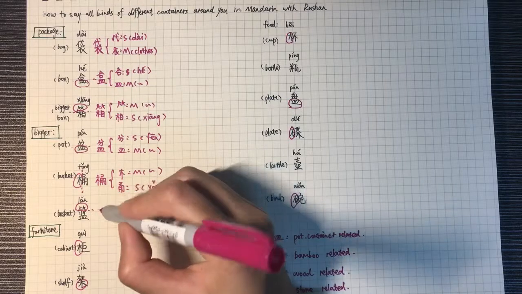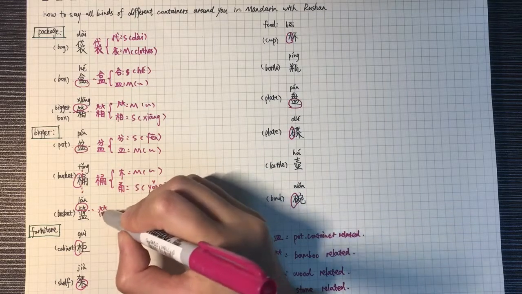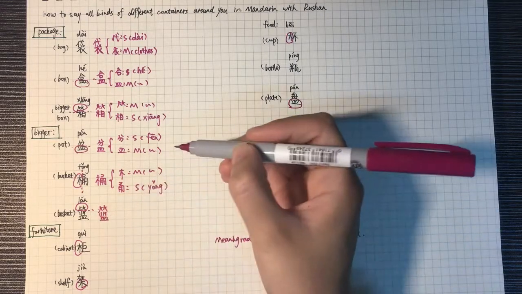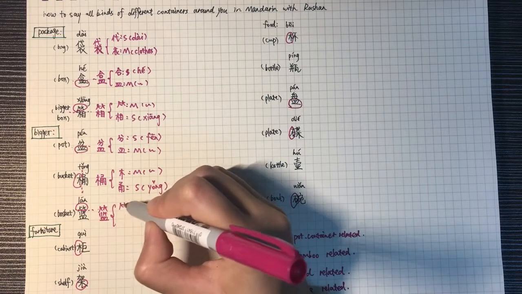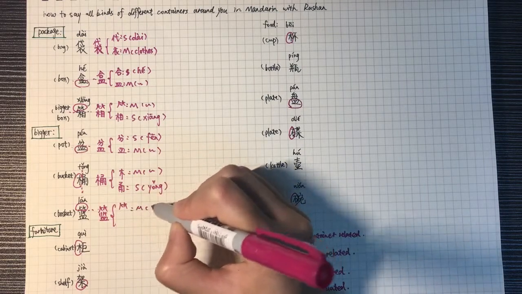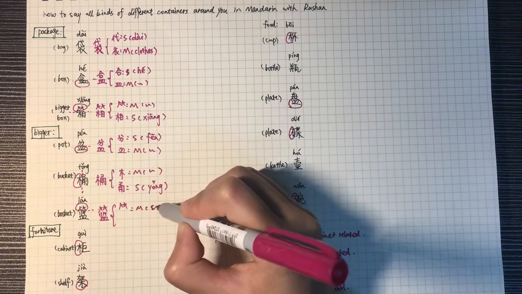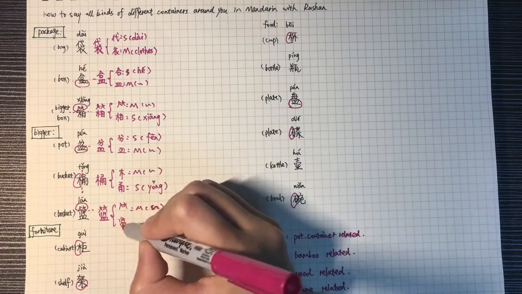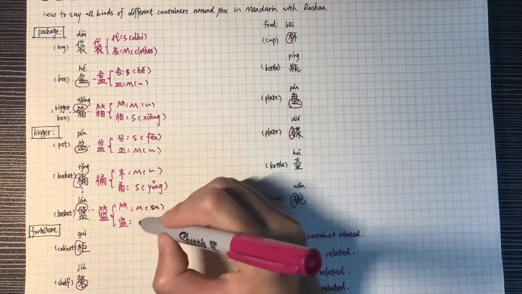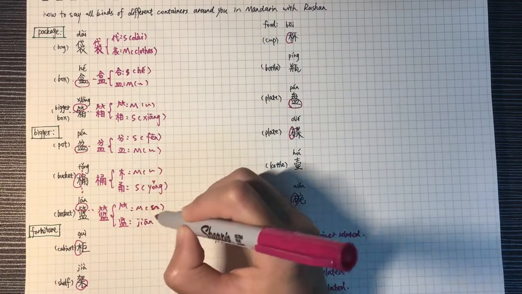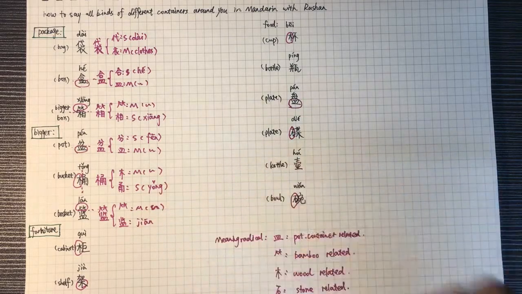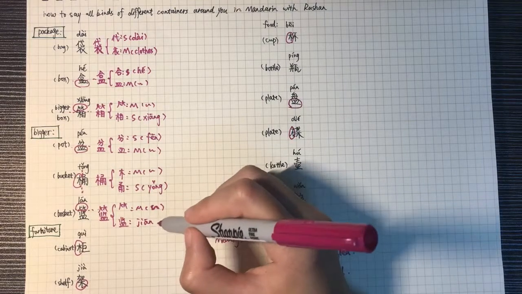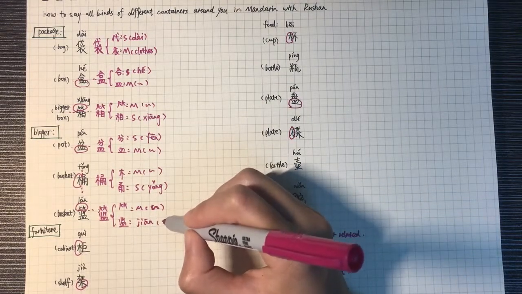Next one, again top and bottom. The top is a meaning radical, about bamboo, and the bottom, we call it 尖. You can say it's the sound radical.